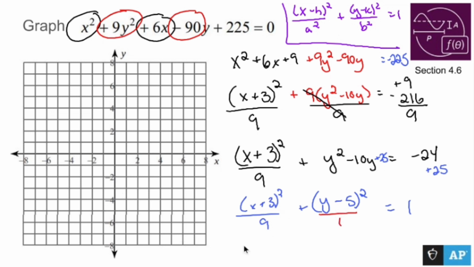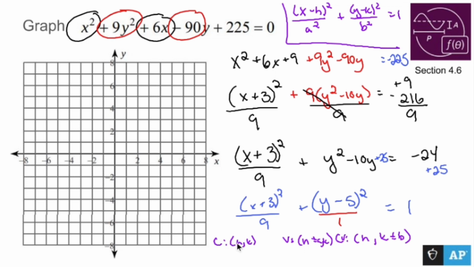Okay, now down here in the limited space that we have, we care about the center, the vertices, and the covertices. The center is going to be (h, k). The vertices are going to be (h plus or minus a, k). And then the covertices are going to be (h, k plus or minus b).